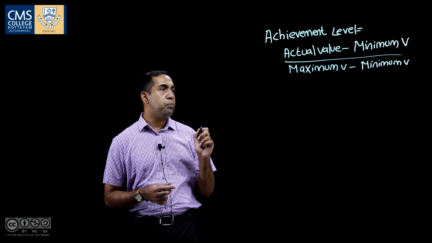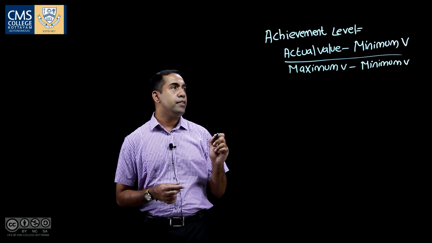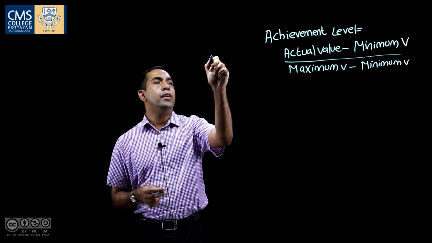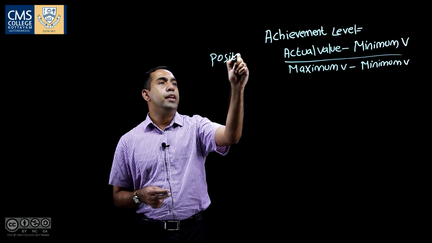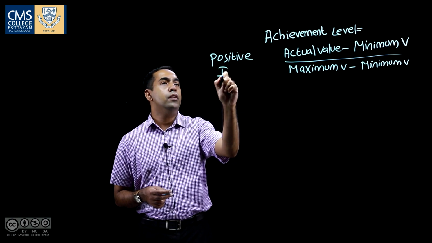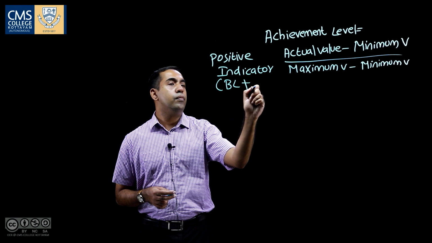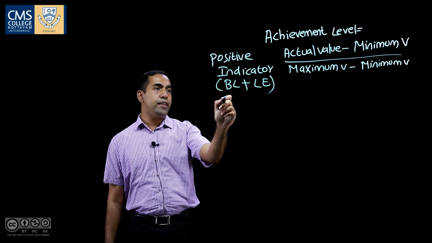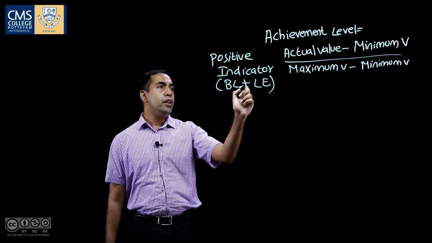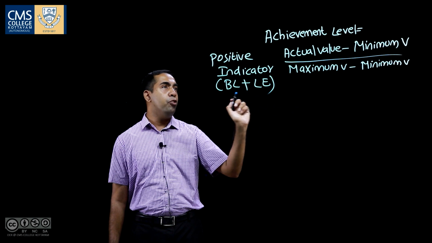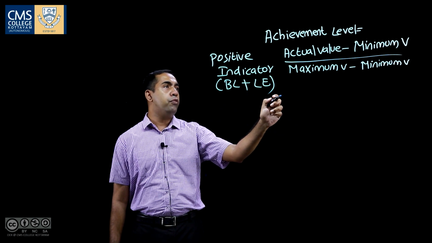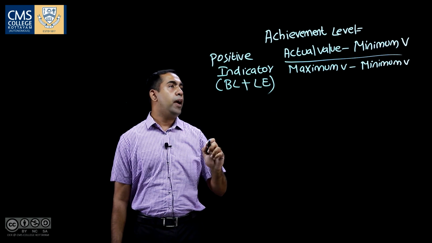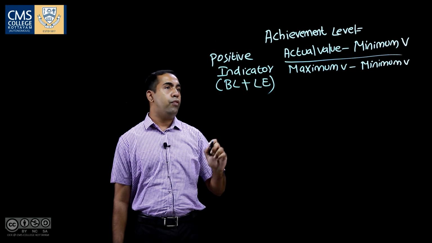For converting positive and negative indicators, separate formulas are used. For converting the positive indicators, basic literacy and life expectancy, into normalized PQLI values, we use actual value minus minimum value, the whole divided by maximum value minus minimum value.